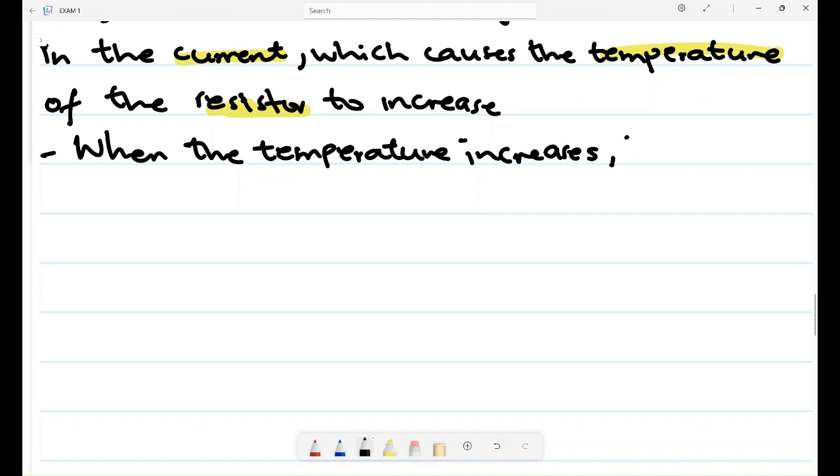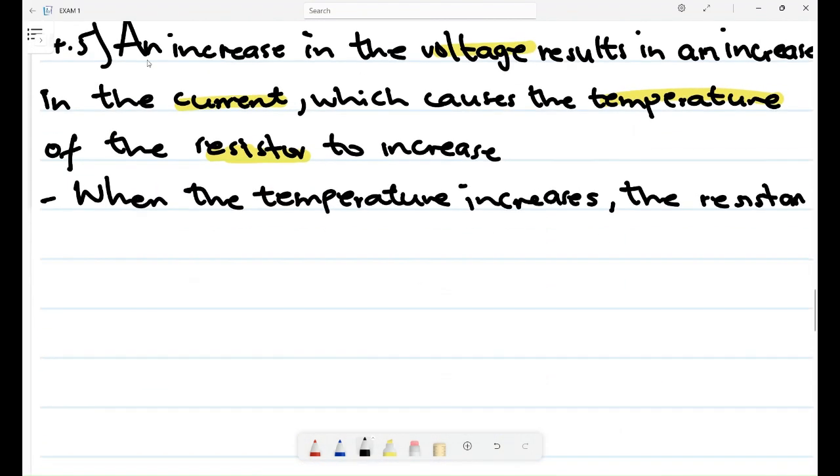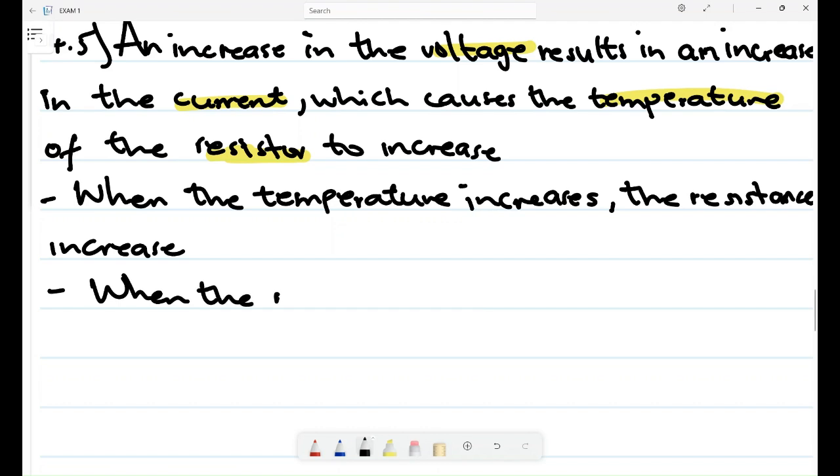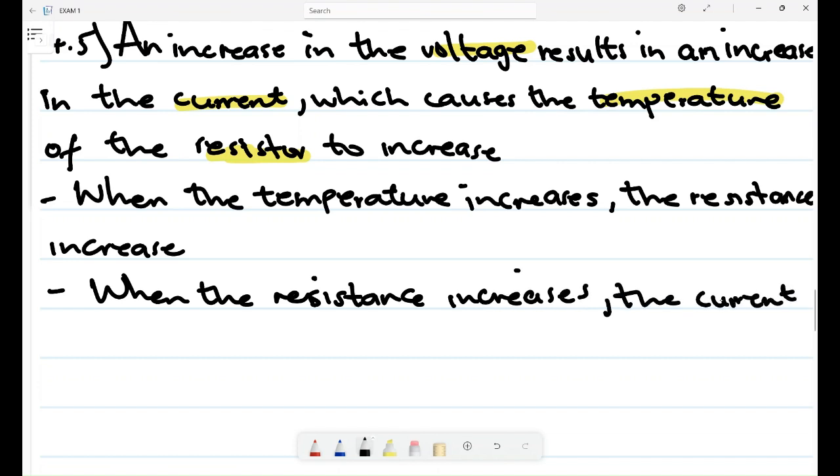The resistance, the measure of a resistor, increases. Therefore, when the resistance increases, the current here will be limited.